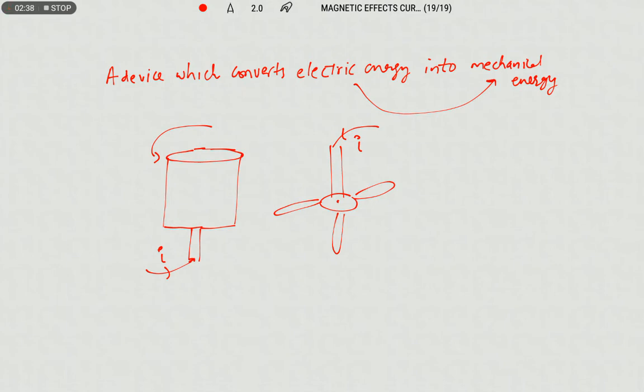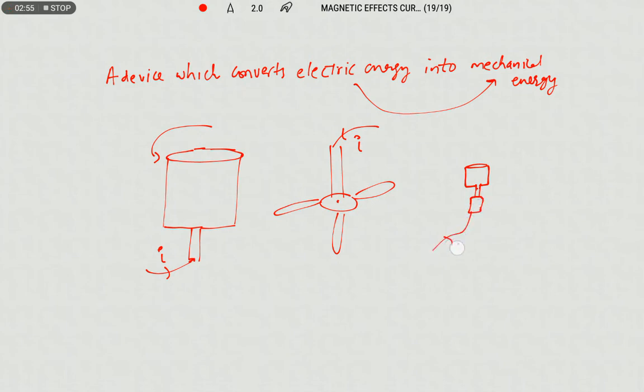In the same way, in mixers we have a blade attached, which is nothing but the rotor. We keep a bowl attached to the rotor. The rotor is nothing but an axle which is connected to the motor.